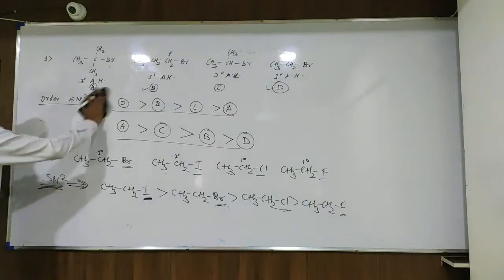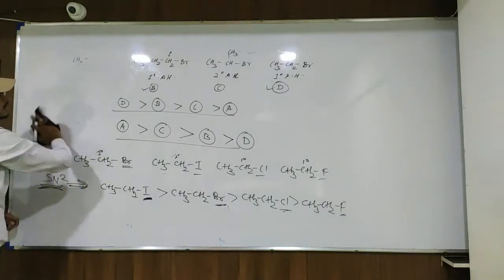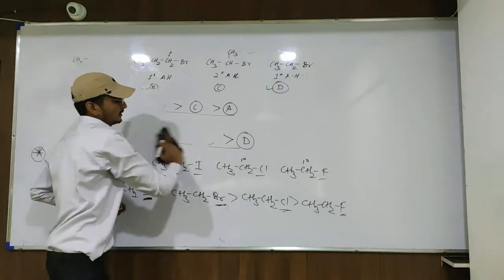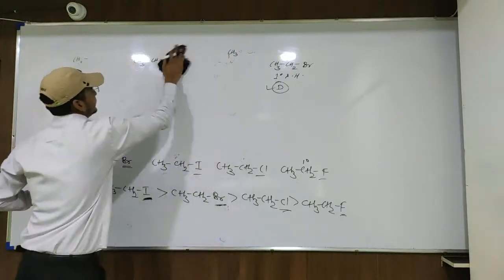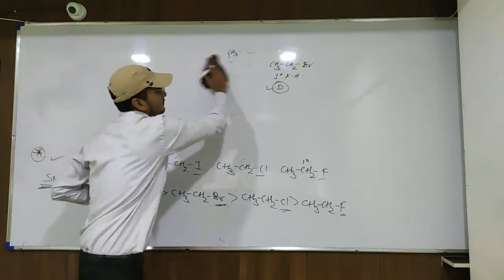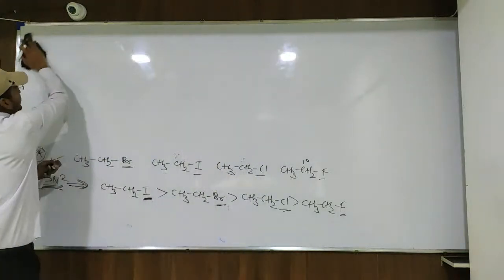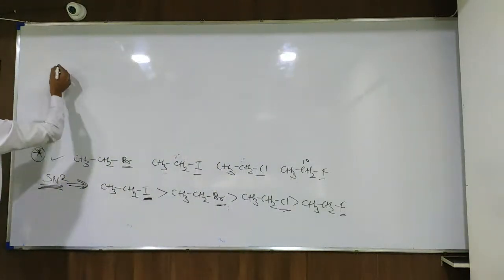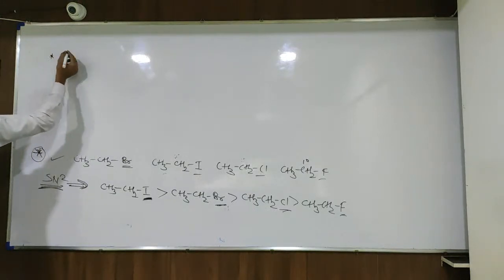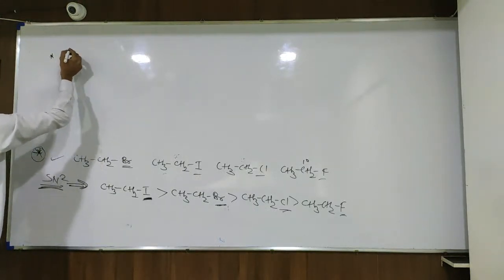Okay, let's go through some different example here. In that example you might know that sometimes the reaction goes through SN1, sometimes it goes through SN2. Okay, so such type of example here. So I take the example here.